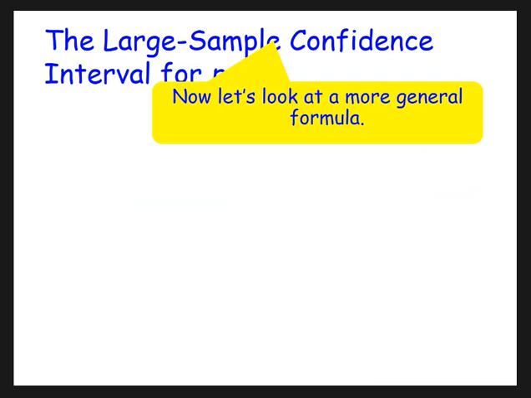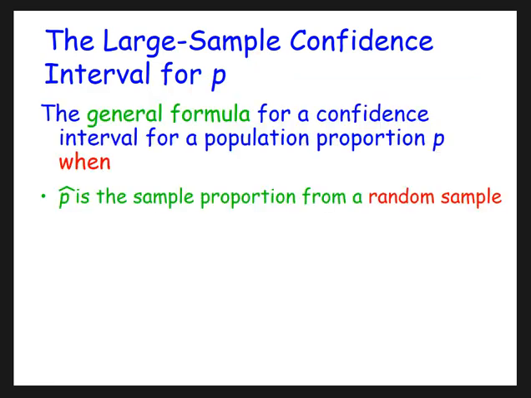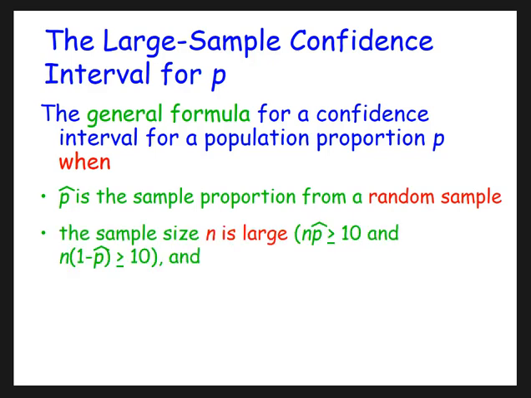So let's look at a more general formula for the large sample confidence interval, where P hat is the sample proportion and the sample size is large. N times P hat is greater than or equal to 10, and N times 1 minus P hat is also greater than or equal to 10.